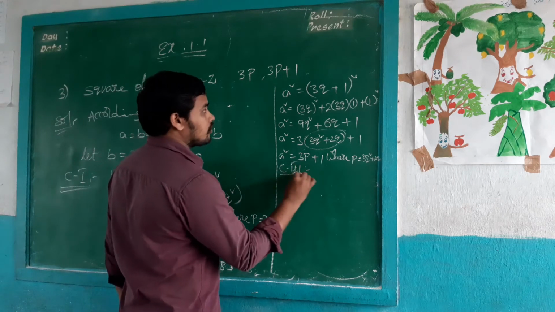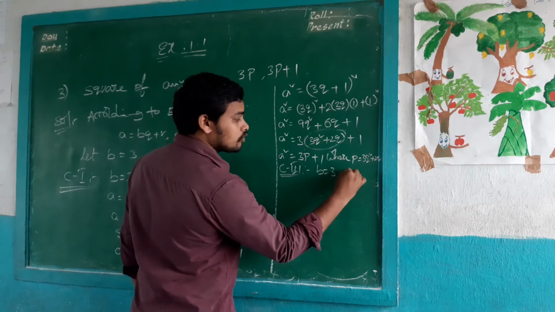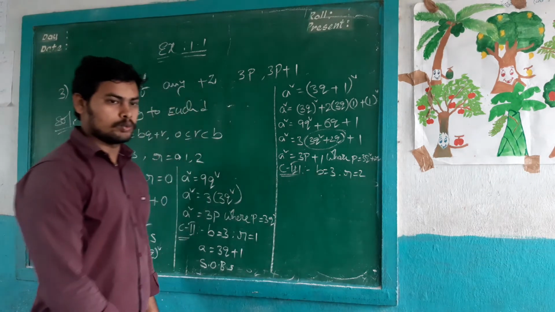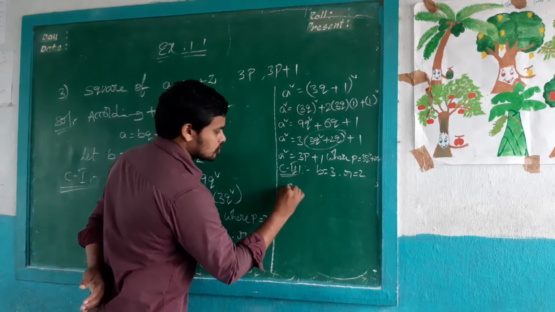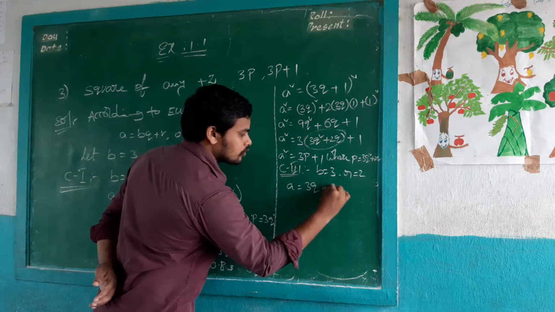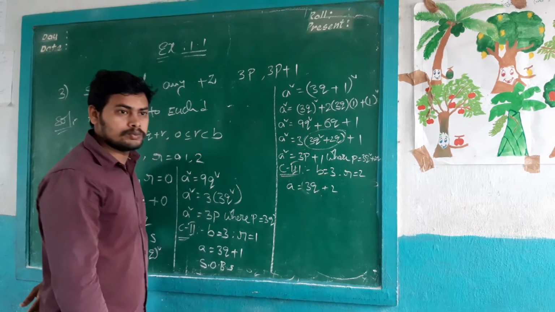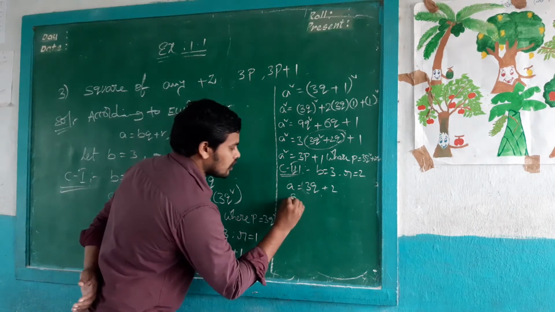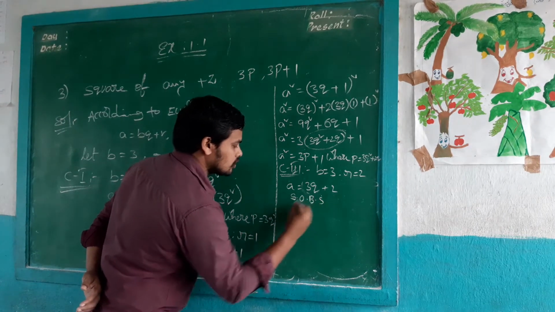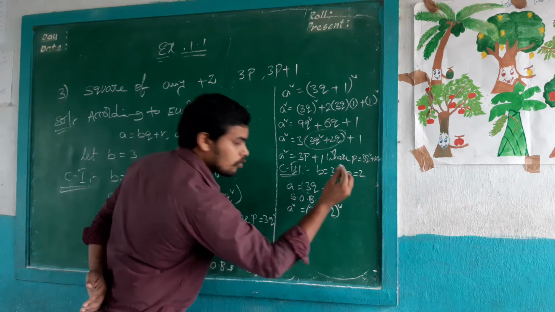So case 3: b equals 3, r equals 2. So a equals 3q plus 2. Squaring on both sides, a square equals 3q plus 2 whole square.